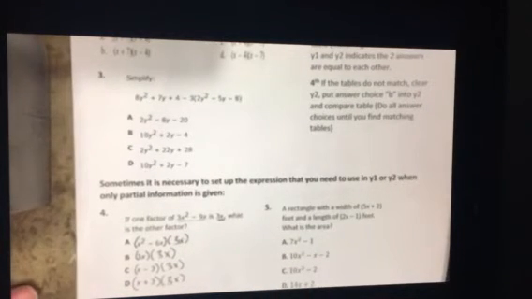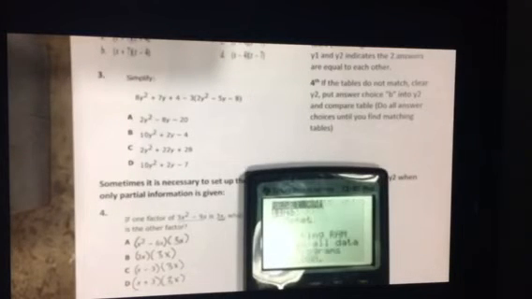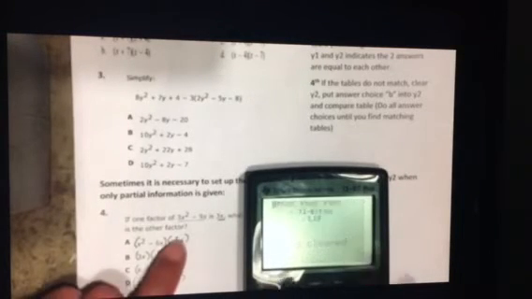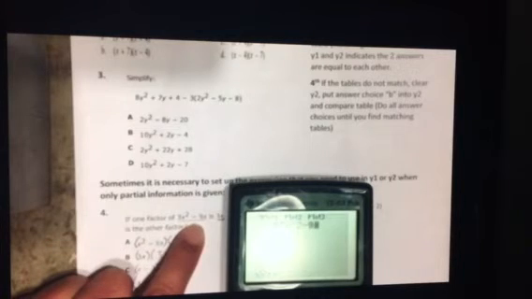So with that in there, clear the calculator. Into y1, put 3x raised to the second power minus 9x.